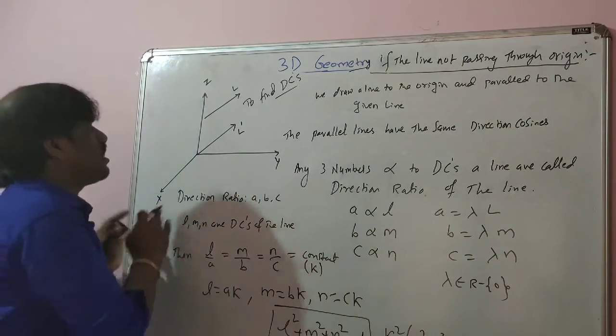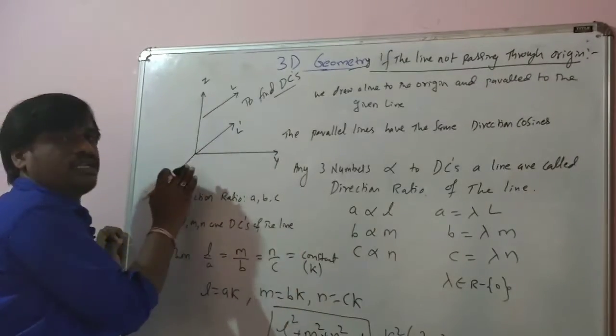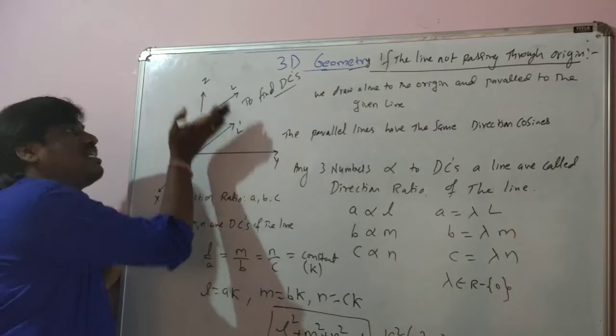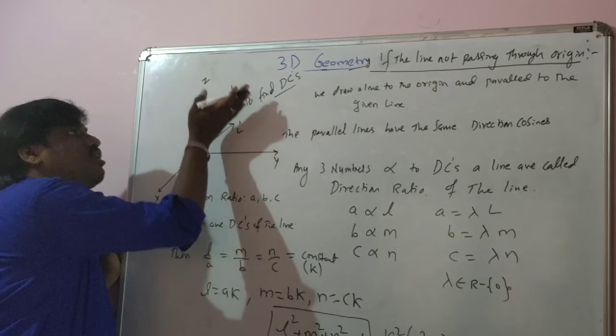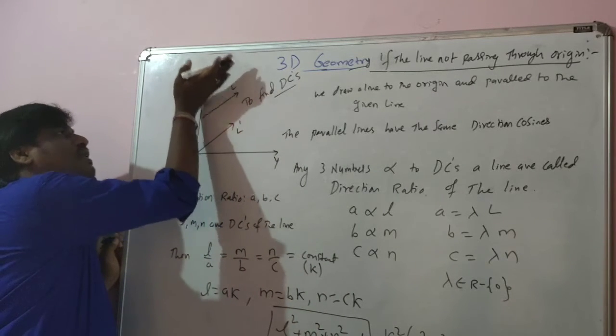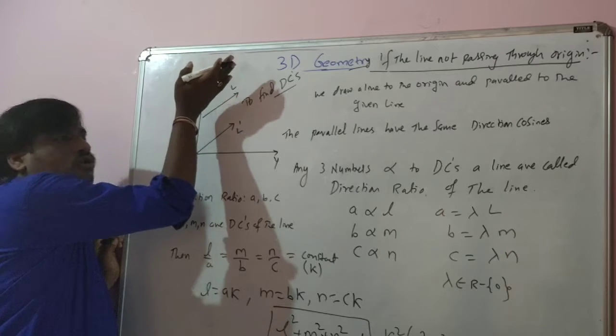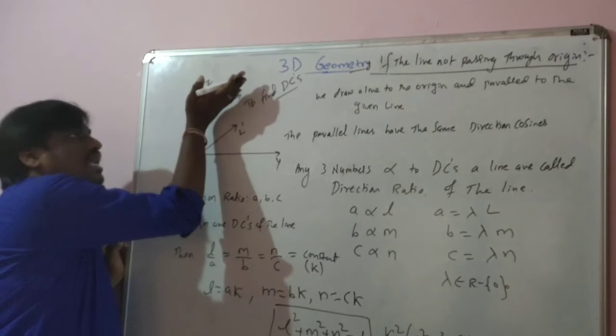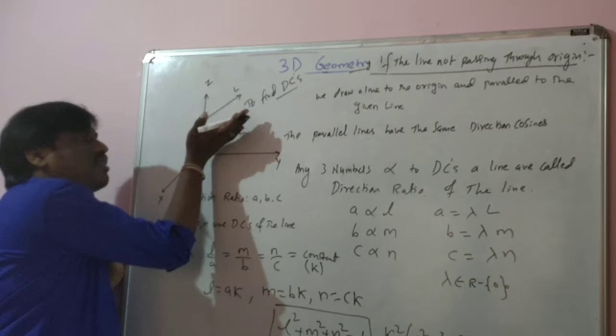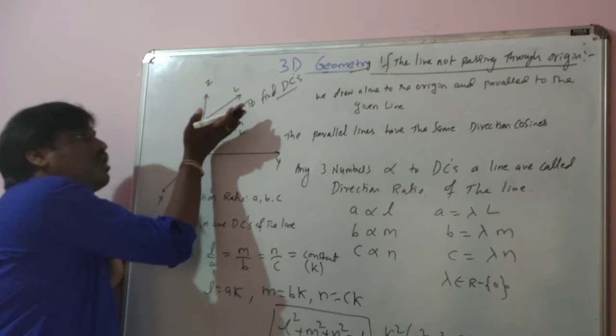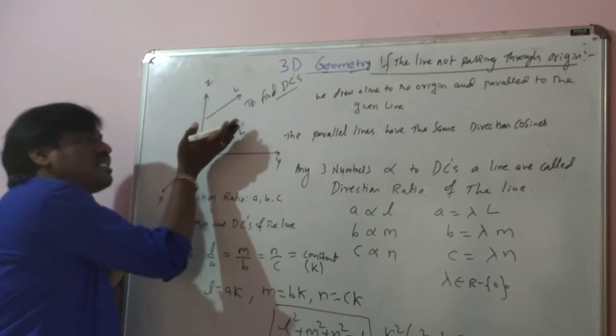If a line is not passing through the origin, then it will be passing somewhere in space. So for that line you draw a line which is parallel to it and passing through the origin.